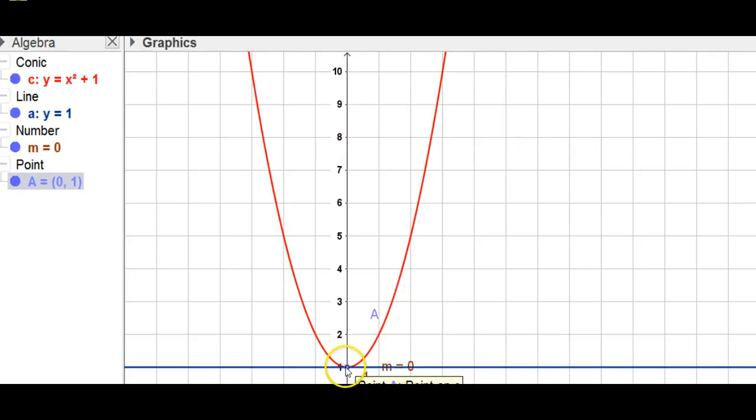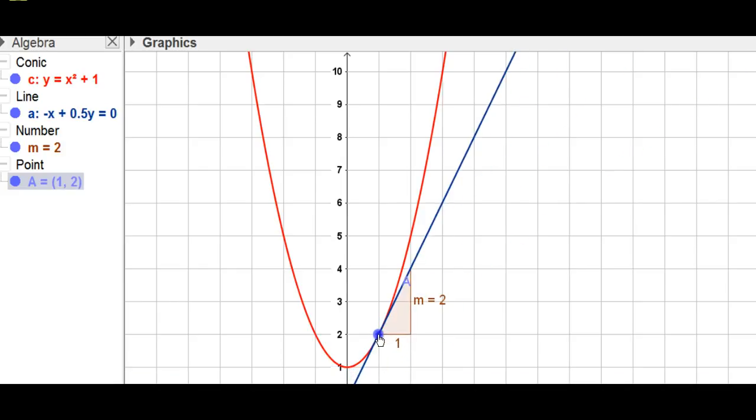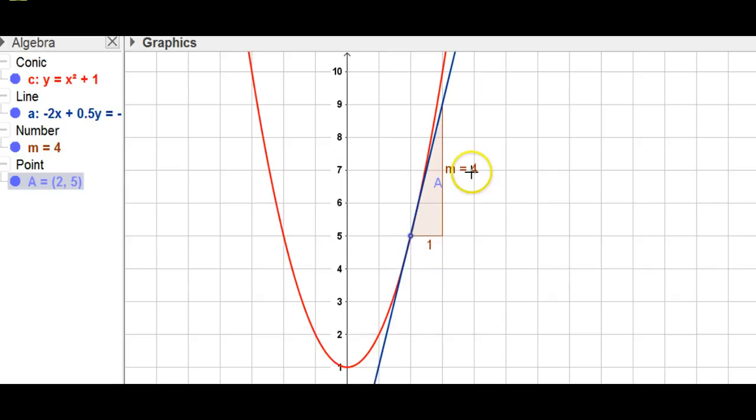Okay. And if I move the point A to 1 on the x-axis, you can see from here our gradient is going to be 2. That means 1 times 2 is 2, because the function gave us 2x. And so if x is 1, then the gradient will be 2. Really, that is true over here. If s moves to, let's say, 2, our gradient becomes 4.